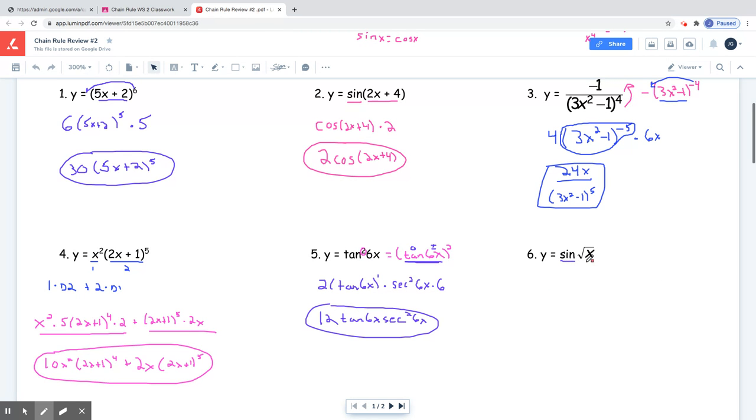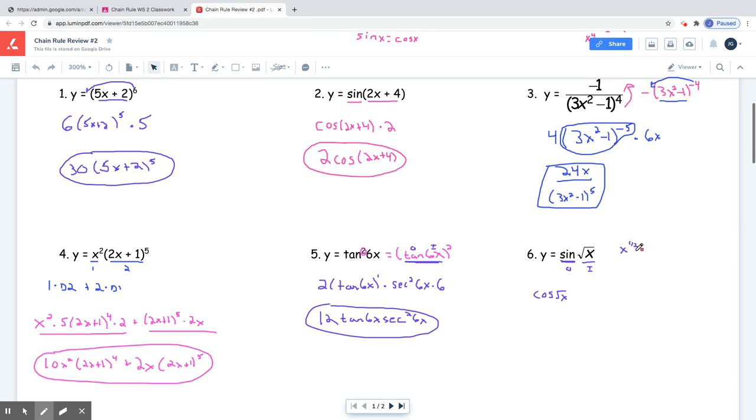All right, 6. Another trig function, something after it that's not x, so this is the chain rule. Sine is the outside, square root of x is the inside. The derivative of sine, once again, is cosine. You keep whatever's after it in there. Now, in order to take the derivative of the square root of x, square root of x is x to the 1/2.